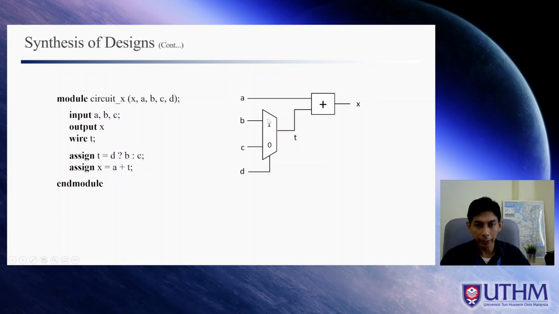So means that B should be here, C should be here, and the output T. So if you have something like this, it will automatically be synthesized into a multiplexer, or we call it infer to the multiplexer. If you have x equal to a plus t, so you have x, this is t, this is a, so this is the adder, all right? So this code will be synthesized to this circuit, and this part will be inferred to this.